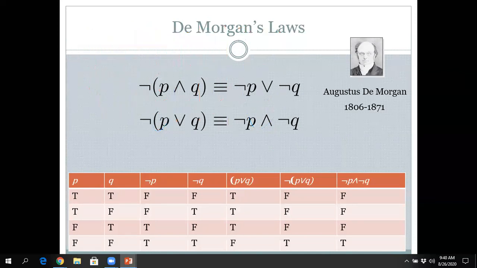In each of these cases, the negation flips the propositions, but it also flips the and to an or. And it does the exact same thing in the case of the or. Not P or Q is equivalent to not P and not Q, okay?